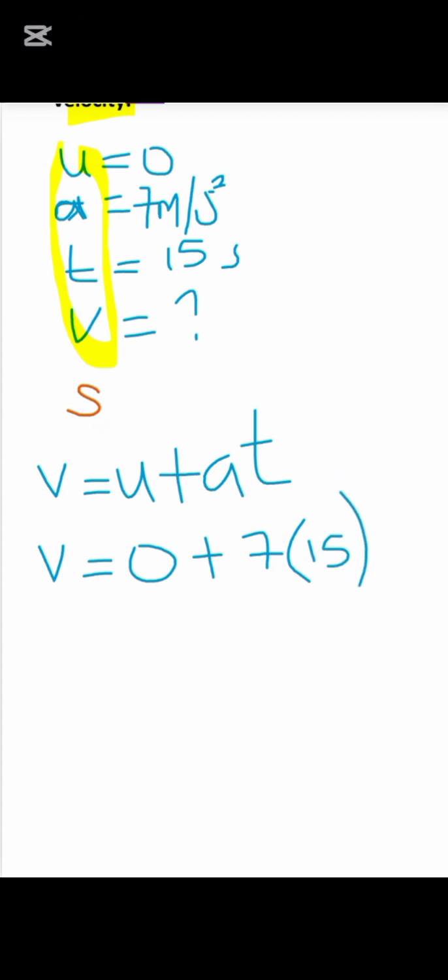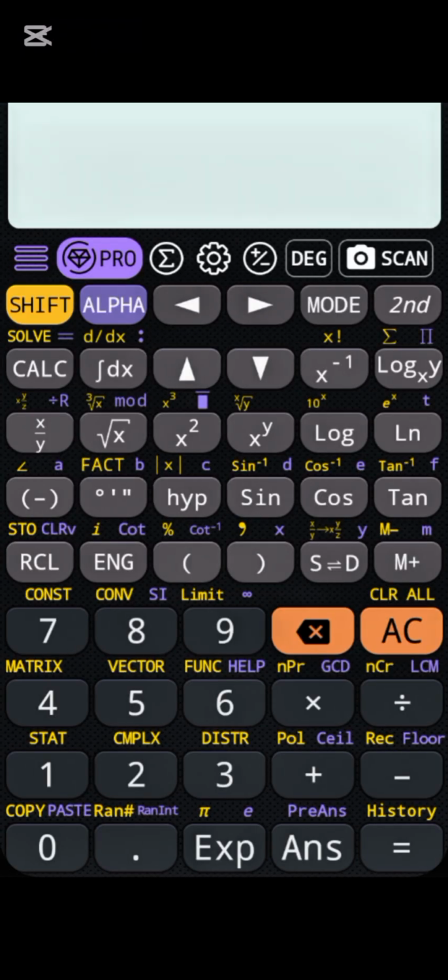So when we now multiply 7 and 15, let's calculate it. 15 multiplied by 7 is going to give us 105.